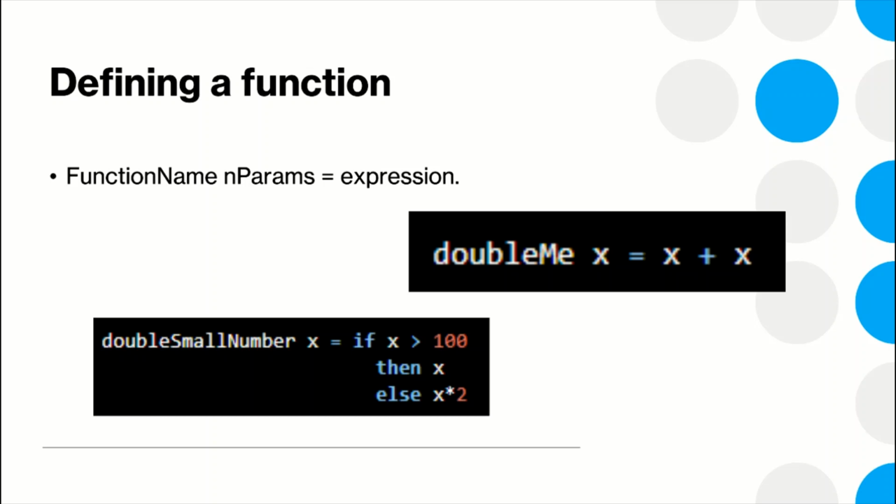In this other example, we have doubleSmallNumber that doubles a number if it is less than 100. So here we can also see the if expression. The if expression is a function, so it needs to always return a value. So we have to define the else part.